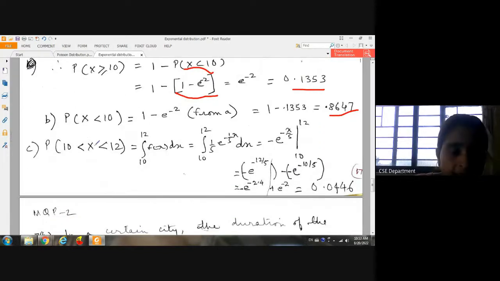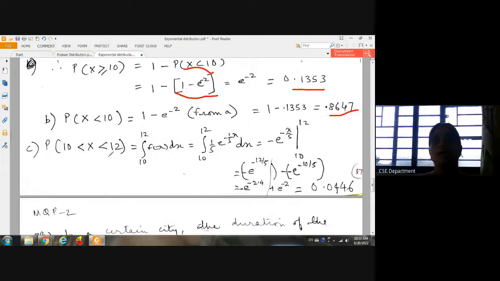Now, probability that X takes the values 10 to 12. So, integral f(x) dx from 10 to 12. That will be the integral of alpha e to the power of minus alpha x dx. So, 1 by 5 outside, e power minus 1 by 5 x divided by minus 1 by 5. The 1 by 5 cancels, giving minus e power minus x by 5. Please do it with pen and paper. Same integral.